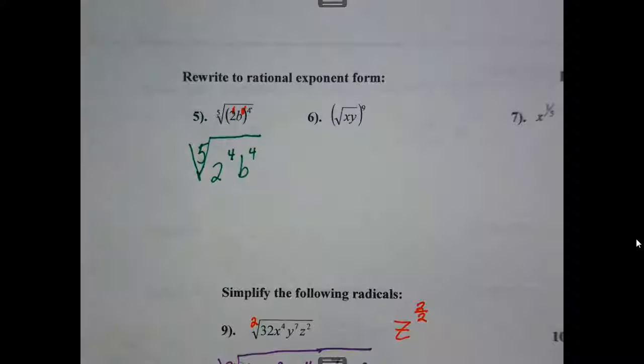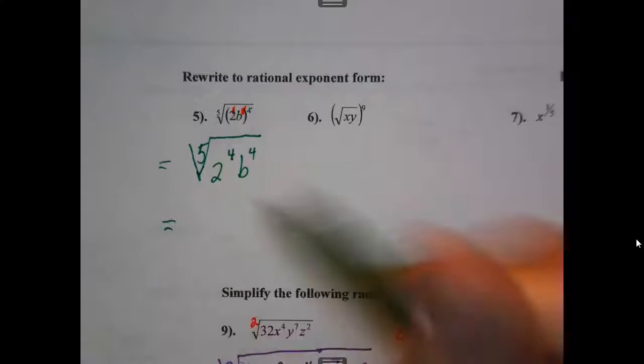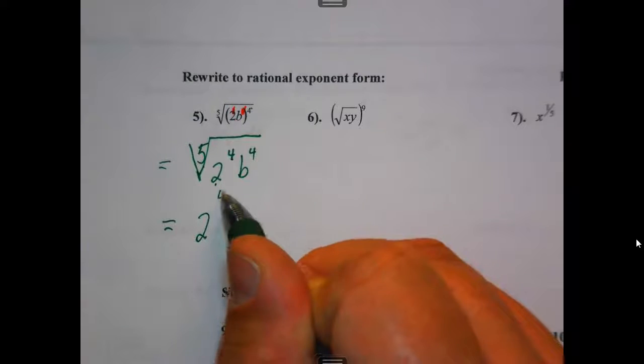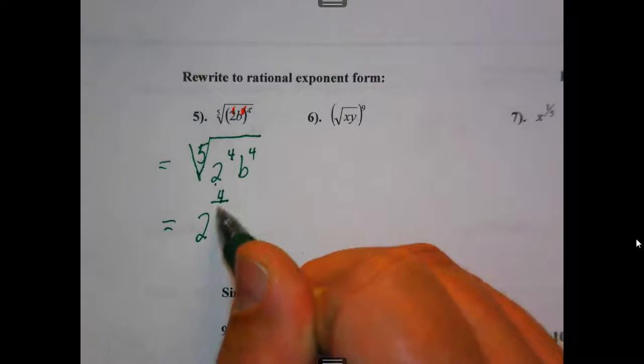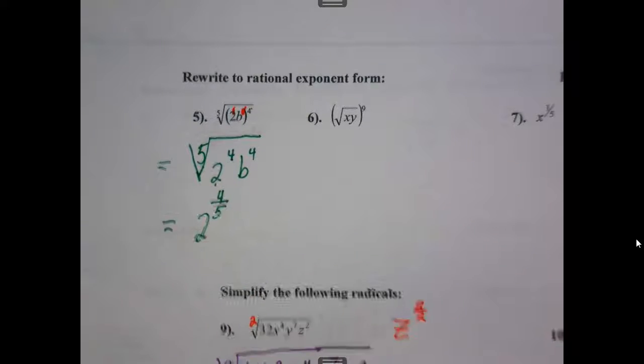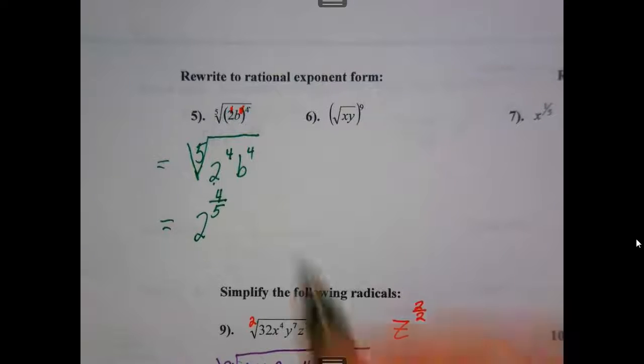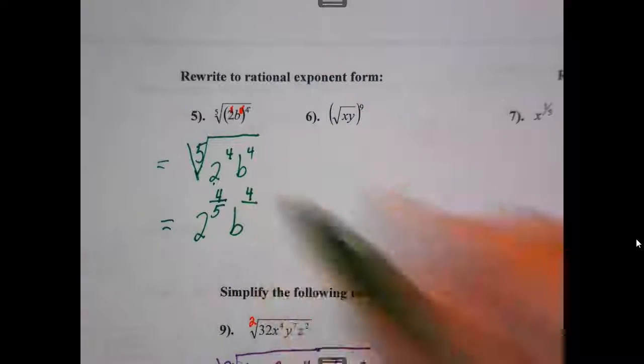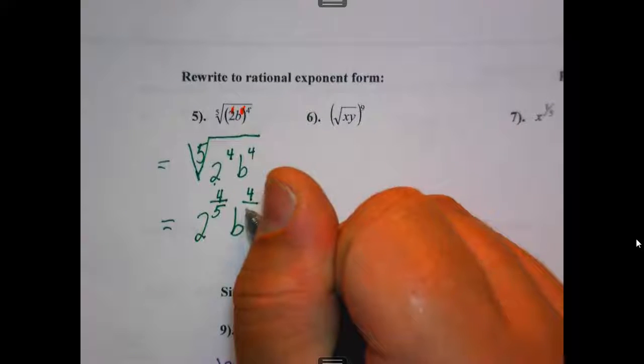Then I have to change this to exponent form. So this becomes 2. My exponent is 4, which becomes the numerator. My root is 5, which becomes the denominator. The b's exponent is 4, and the denominator is 5.